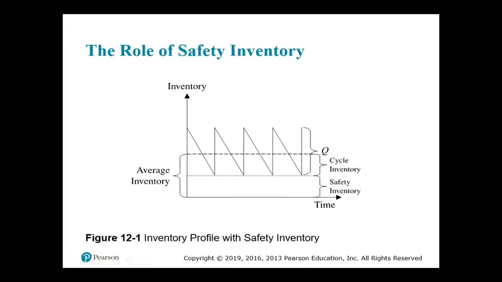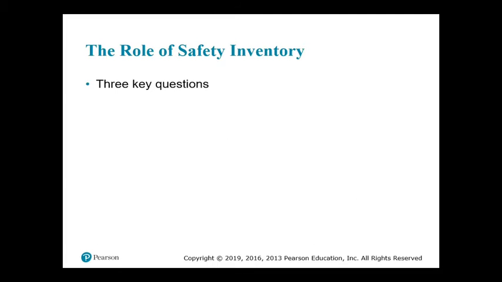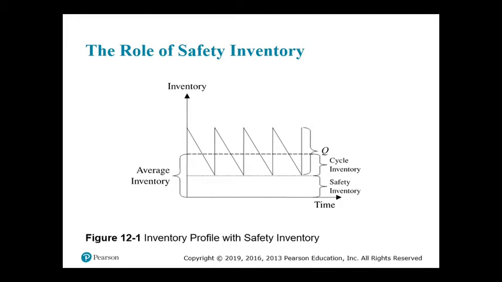And so then we have safety inventory, which is the extra amount of inventory that we hold in case our forecast is incorrect and there's more demand than we had forecasted. So the bottom portion is our safety inventory. And of course, this graph illustrates the expected case.